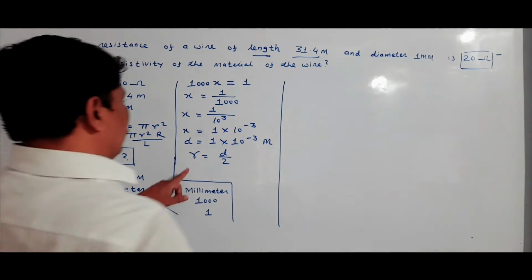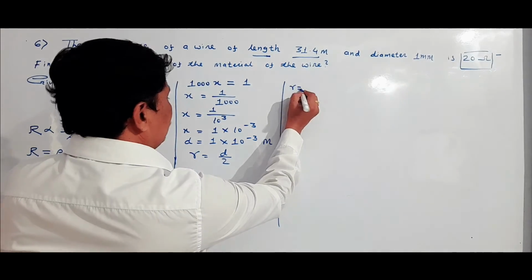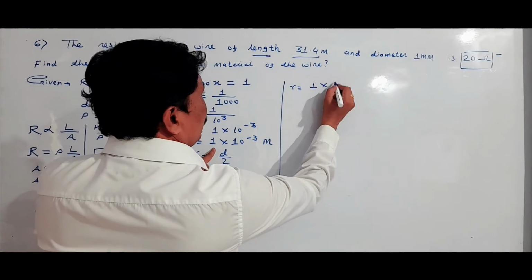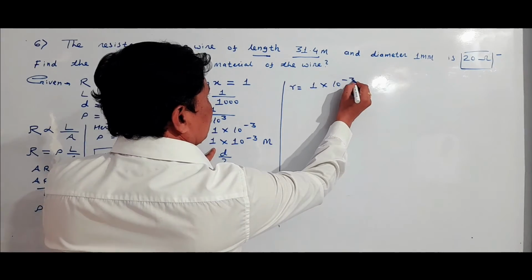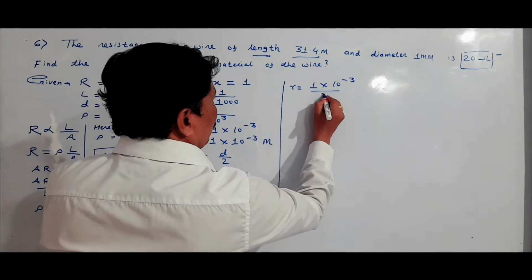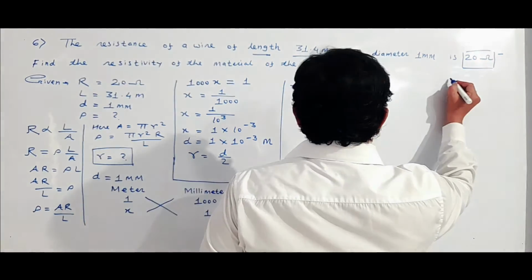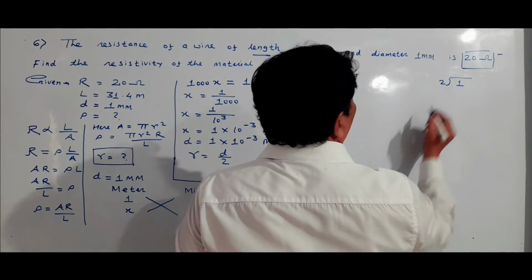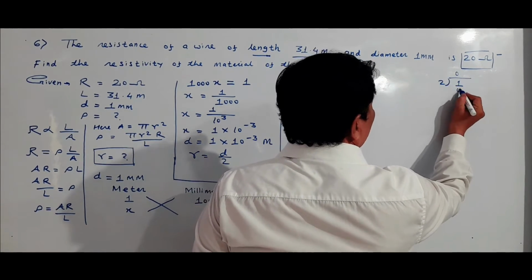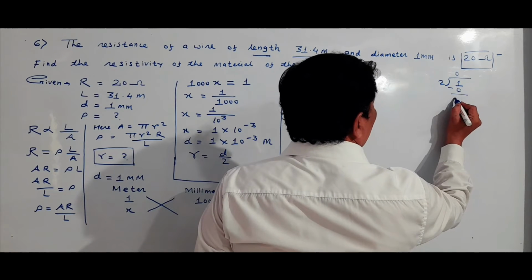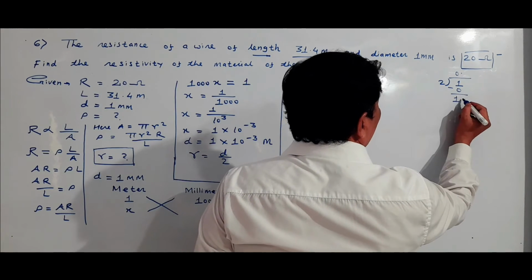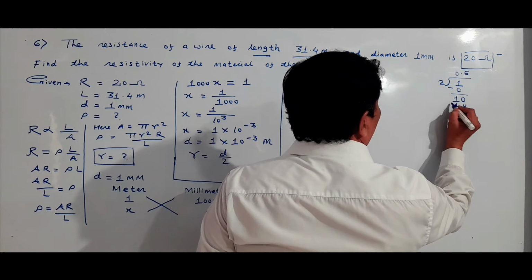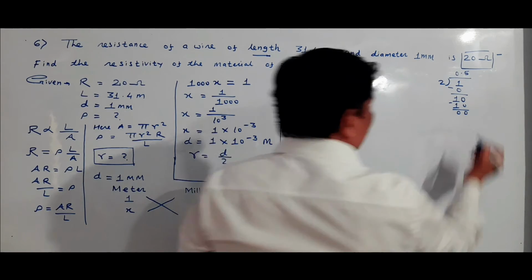We'll put the values. r is equal to 1 into 10 to the power minus 3 upon 2. 2, 1 will divide. 2, 0 the 0 minus 1, 0.02, 5 the 10, 0 0.